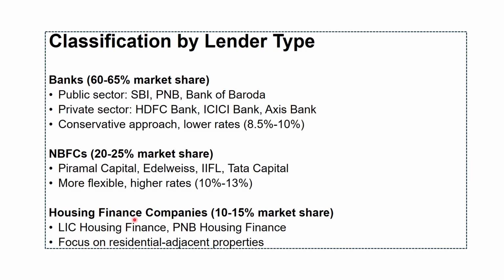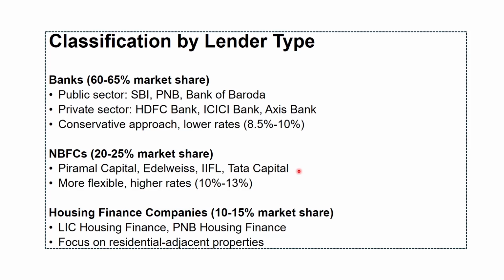Then we have housing finance companies like LIC Housing Finance and PNB Housing Finance, and they hold around 10 to 15% and focus on residential adjacent commercial properties. For example, a grade A office in Hyderabad might get a 9% loan from SBI, but a riskier retail project might use Piramal at 11%.